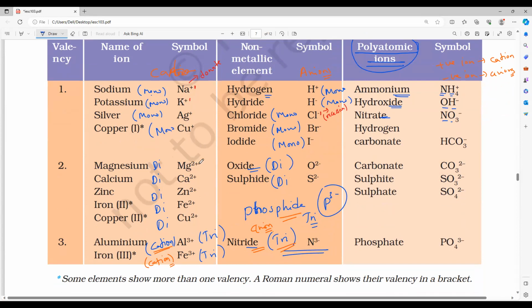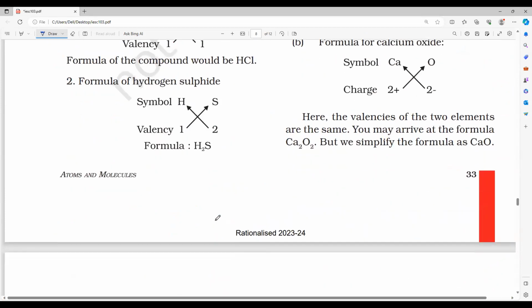Write it. The polyatomic ion definition: a group of atoms carrying some charge is known as a polyatomic ion or polyatomic radical.